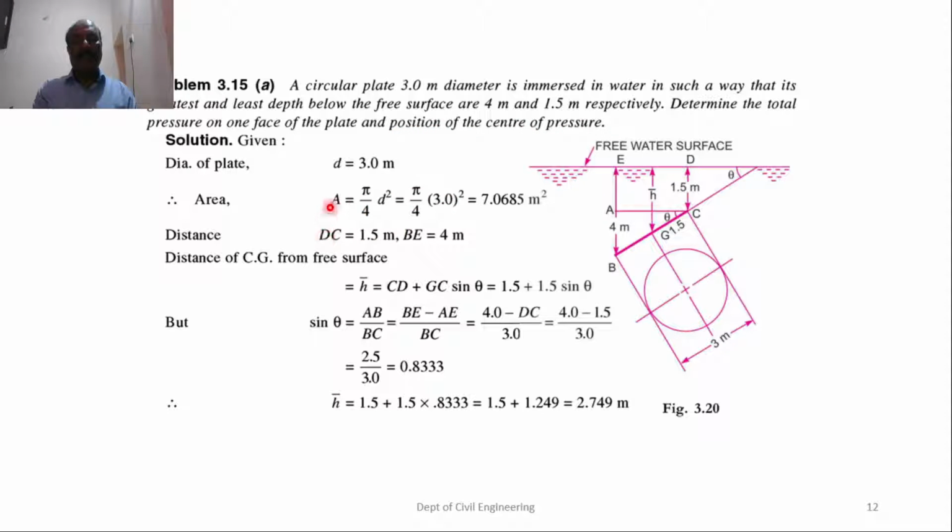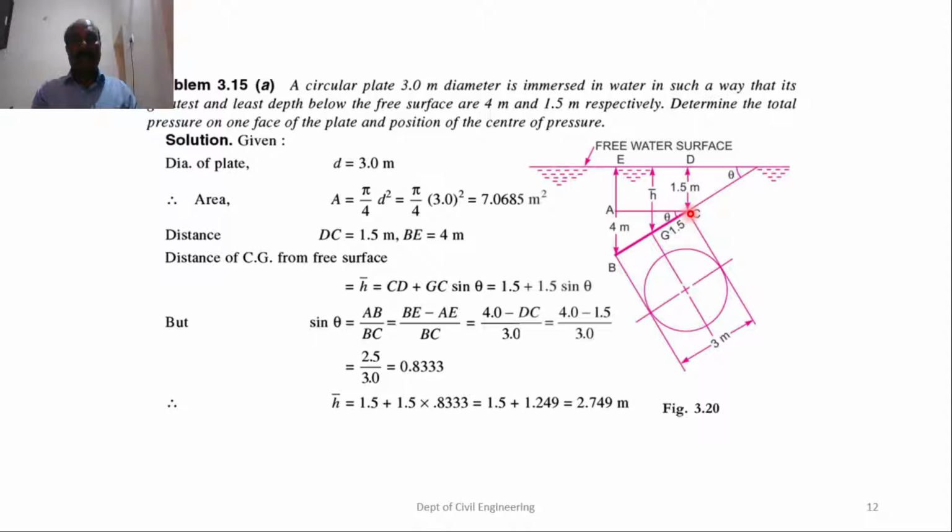So we have to find out for the circular plate immersed in static water. The diameter is given as 3 meter and the area you have to calculate. Here CD is 1.5 meter and EB is 4 meter. The distance of the center of gravity CG from the free surface is H bar. So H bar is equal to CD plus GC sin theta.